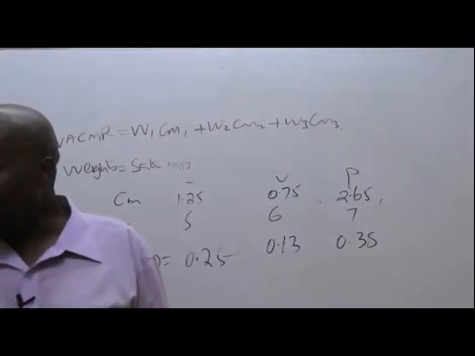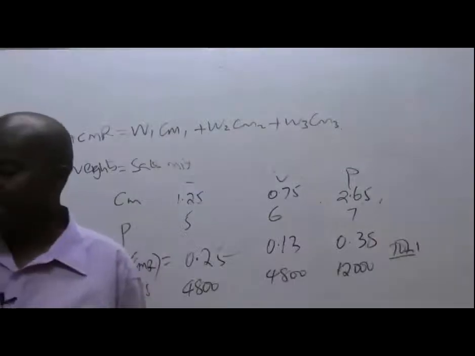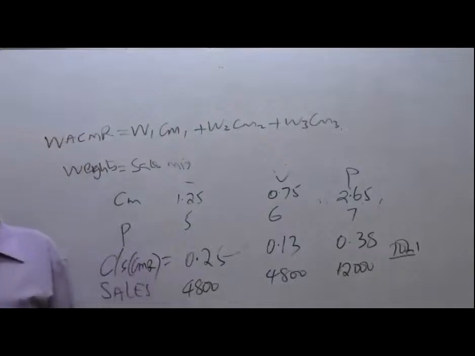So for us to be able to get the weights, what I would need, yes, I'm able to see the sales units up there. I'm able to see 4,800. I'm able to see 4,800 here. I'm able to see 12,000 as well. So could you kindly come and give us the total there? Please give me the total because I would want the weights, the sales proportions.